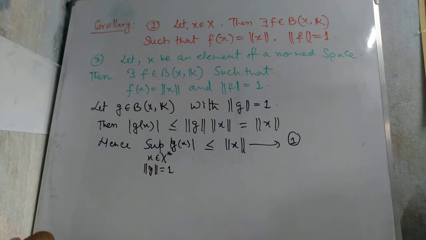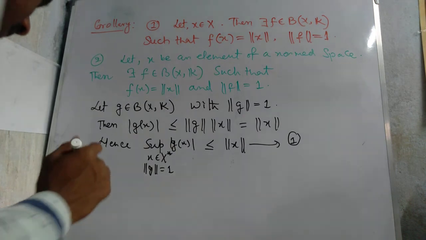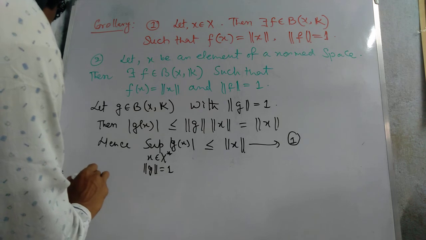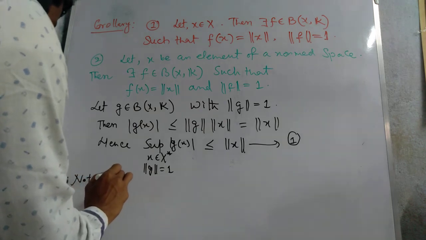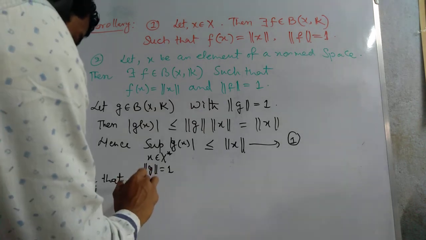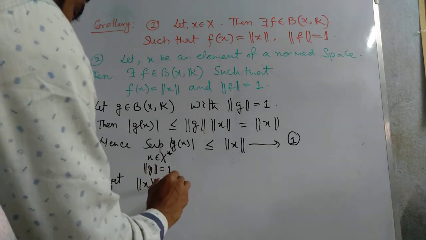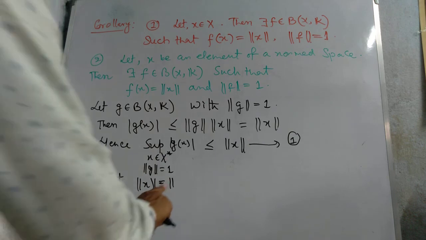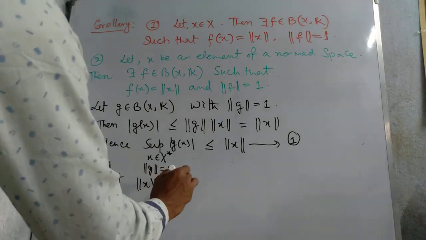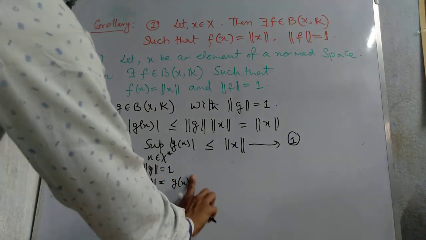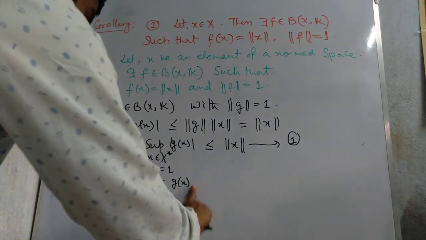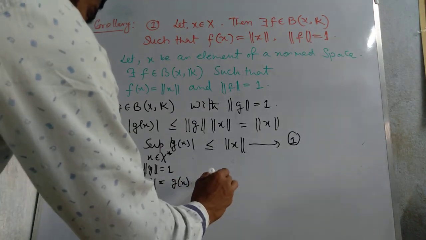Obviously, note that norm of x equals g(x). Then g(x) is less than or equal to |g(x)|.